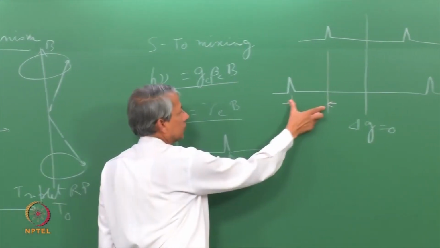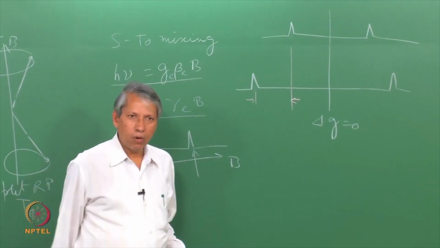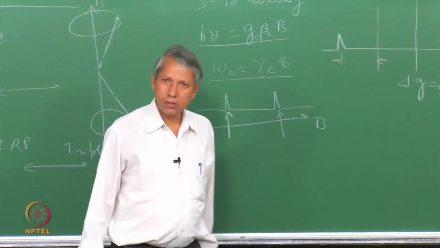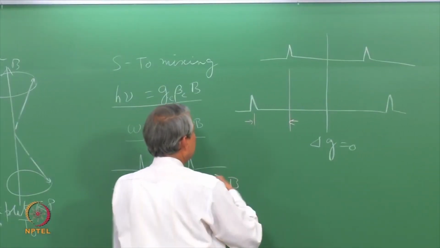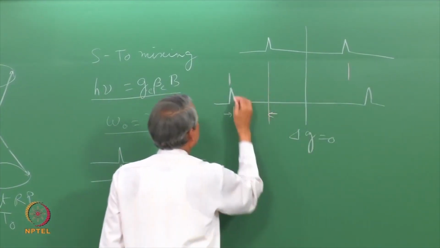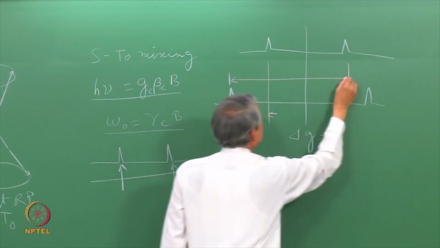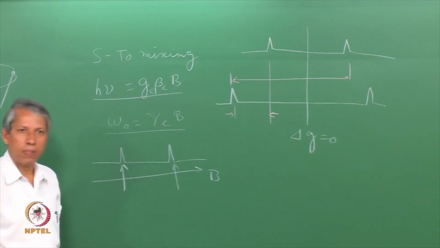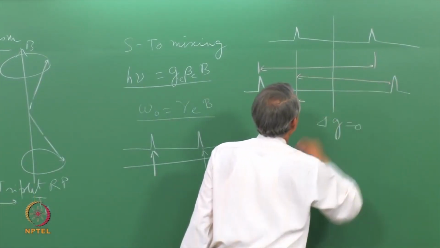This much is the difference in precessional frequency. But then the radicals can have all possible nuclear spin states, plus half and minus half, both of them. So, another combination could be that between this and this, this radical comes with the alpha spin and this radical comes with the beta spin, then this much is the difference in precessional frequency. Same is true for the other one between this and that.